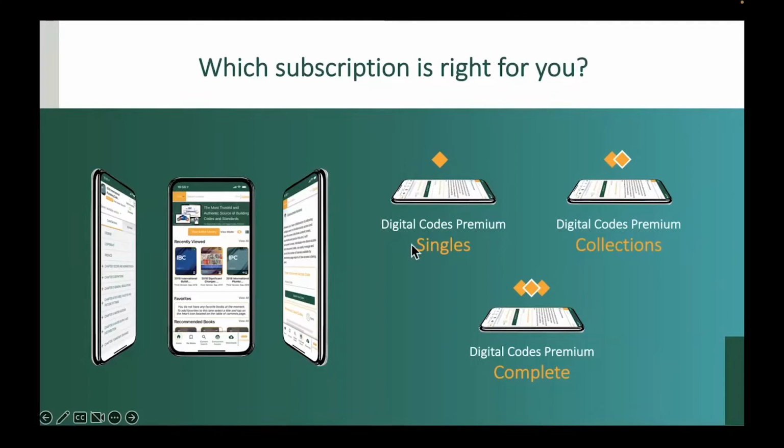And then the last one we have is Digital Codes Premium Complete, which would include all the titles that we have available digitized and on the complete license. So you can get licenses for whichever works best for your particular organization. You can mix and match licenses that you acquire if it needs to be only for specific groups of people, who need access only to specific content.